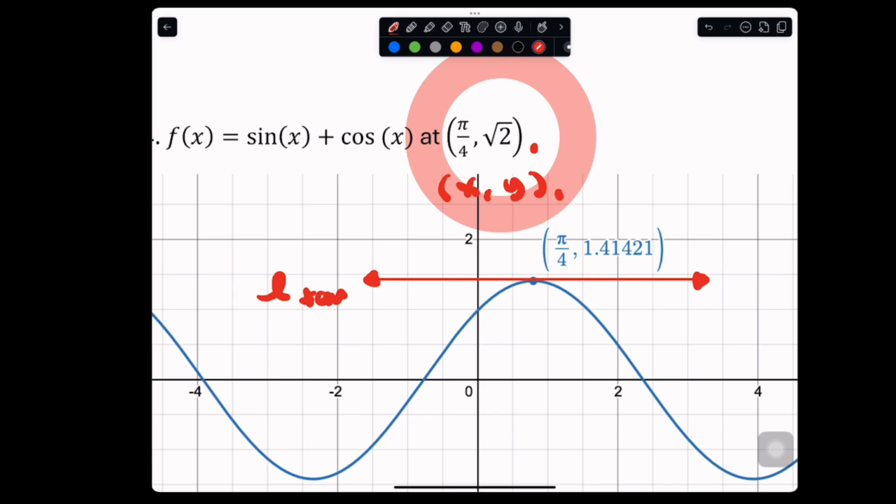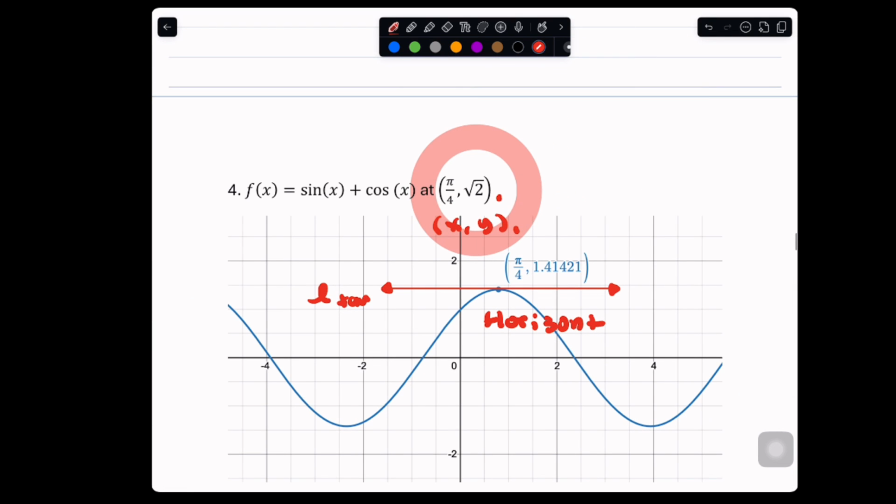What do you know about that line? It's horizontal. Is that true? You have a horizontal tangent. When you have a horizontal tangent, what do you guys know? M tangent should be 0. Okay.